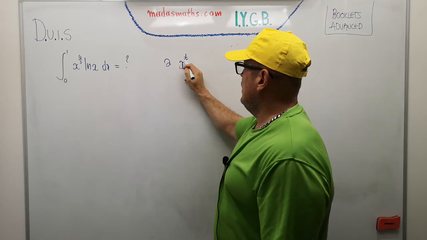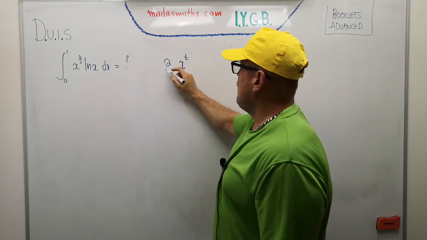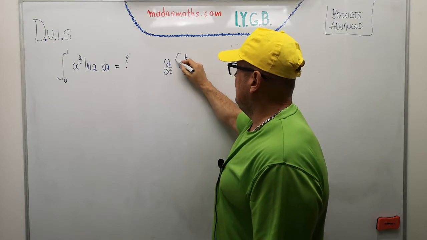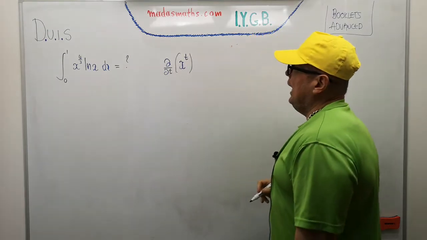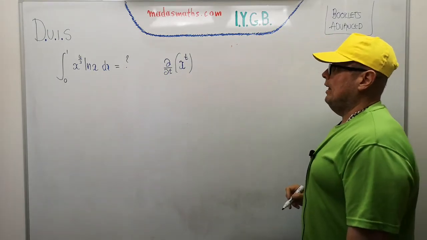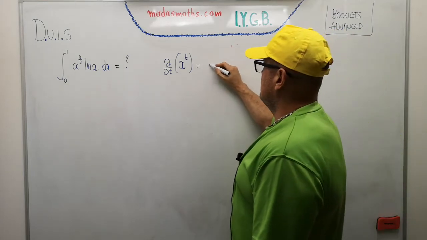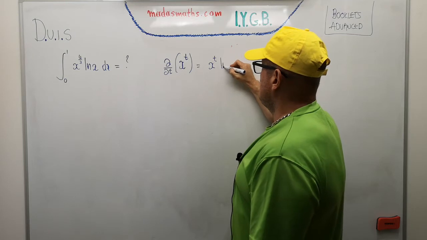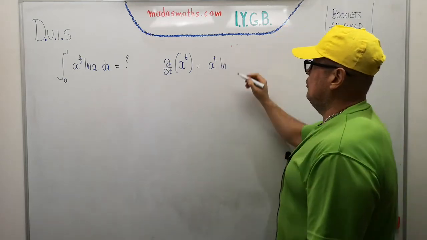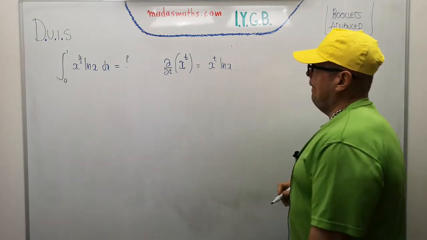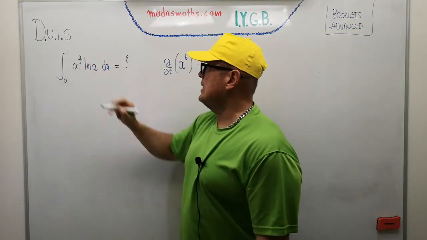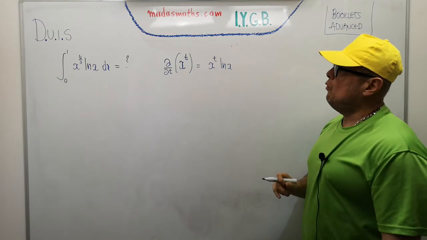So suppose we treat this parameter as a variable, and we ask, what will happen if I do d by dt of x to the t? This will give us, since x is a constant now, x to the t times the log of x. That is practically what we have in there, but our t ought to be 4/3.